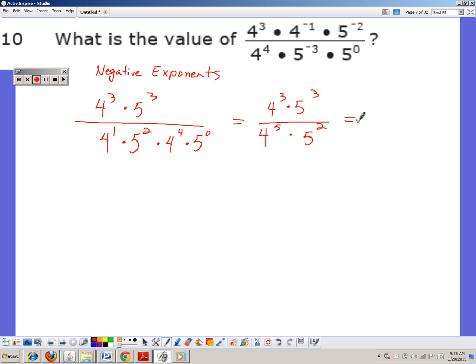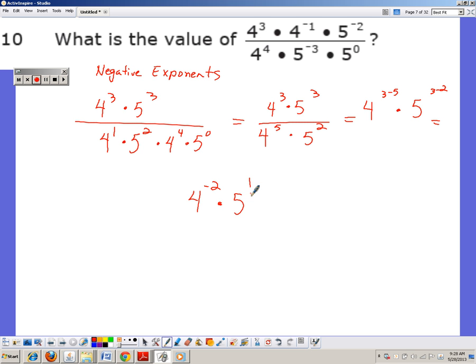4 to the third minus 5 times 5, and the exponent is going to be 3 minus 2. So that gives us 3 minus 5 is a negative 2. 3 minus 2 is 1.